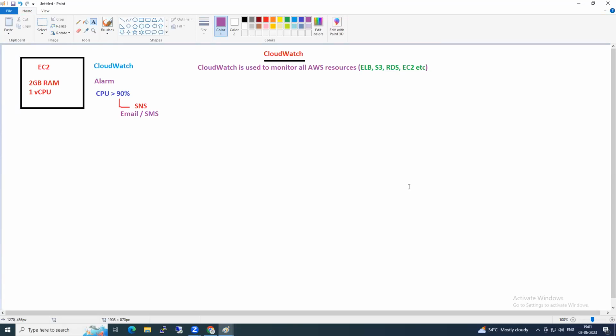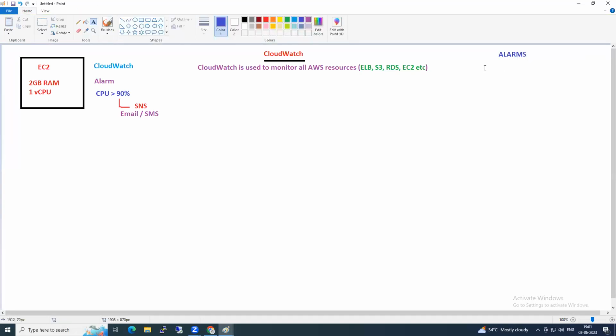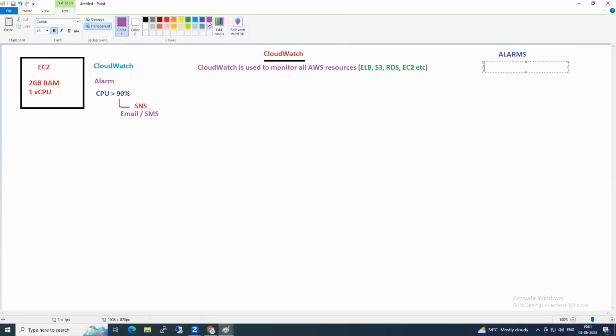If I ask you a question, in CloudWatch, what do we create? Alarms, using metrics. Can you give me a few examples? CPU is a metric. Memory is a metric.